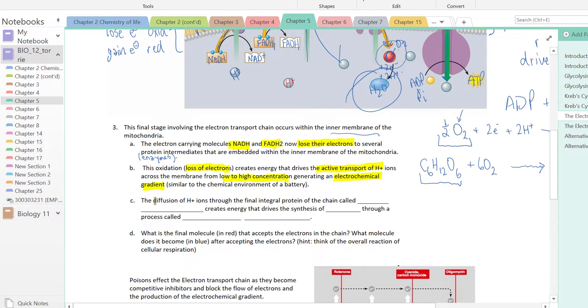So the diffusion of H plus ions through the final integral protein, that final integral protein being called ATP synthase. We go back to the naming: enzymes end in -ase. So this ATP synthase creates the energy that drives the synthesis of ATP through a process called oxidative phosphorylation.